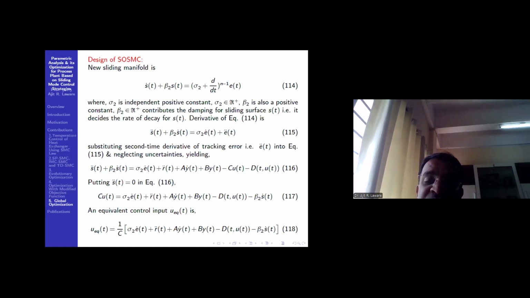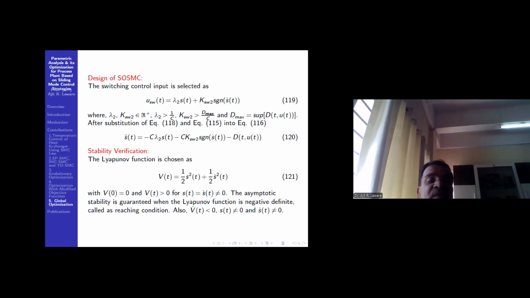Now you have to put the expression for E double dot(t) from equation 115, and you will have equation 116, and then put 0 as the stability condition over there. So I am getting the equivalent control signal, represented by equation 118.